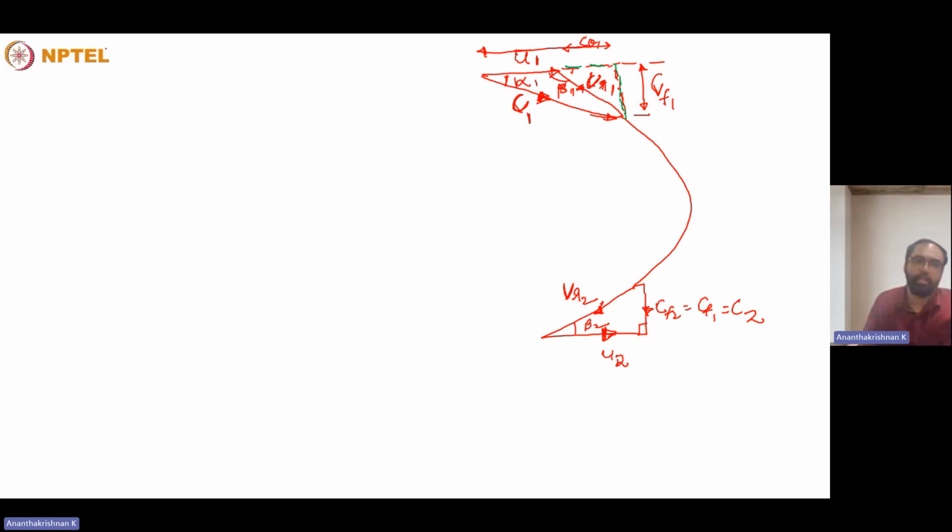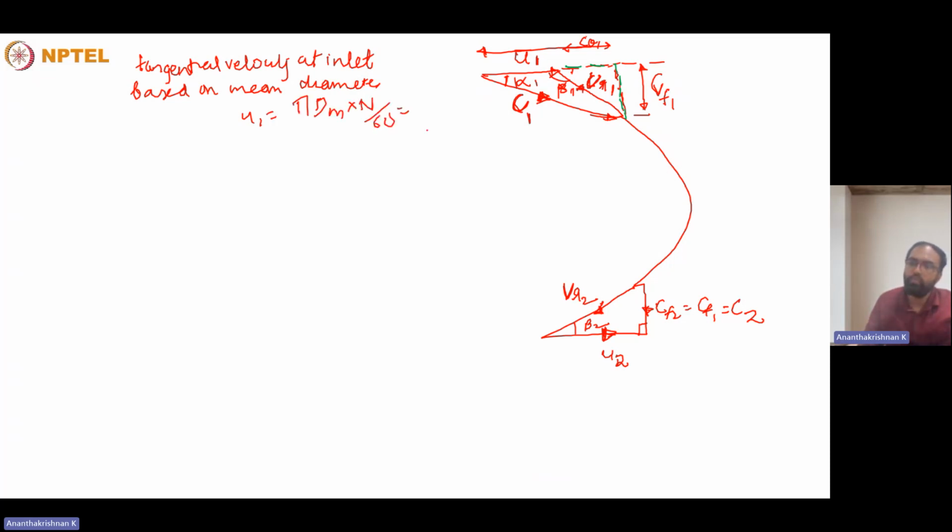So we should calculate the tangential velocity at the inlet based on mean diameter. U1 is equal to pi d mean into N divided by 60.